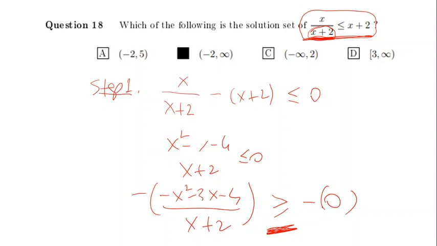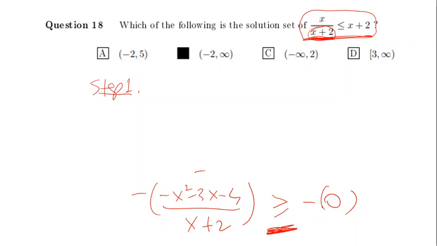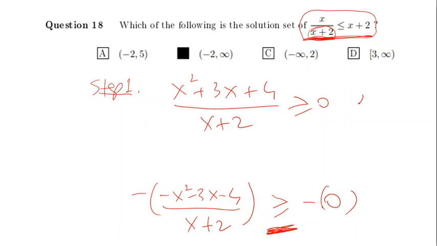So this will give us x squared plus 3x plus 4 divided by x plus 2 bigger than 0.